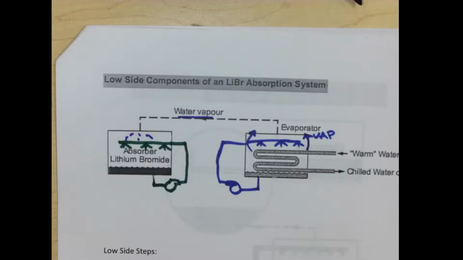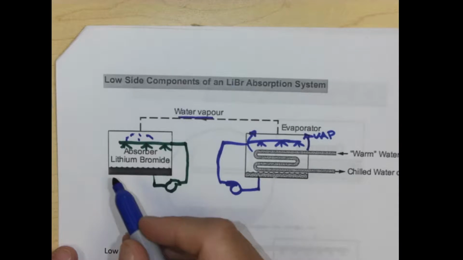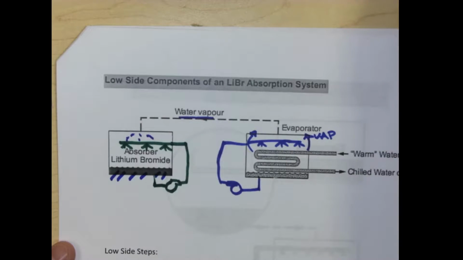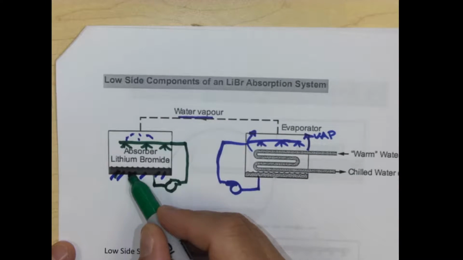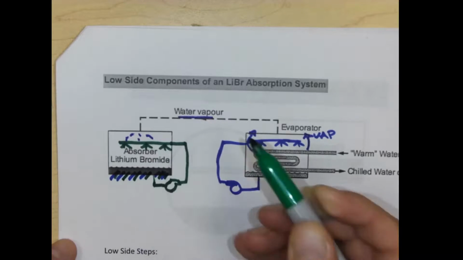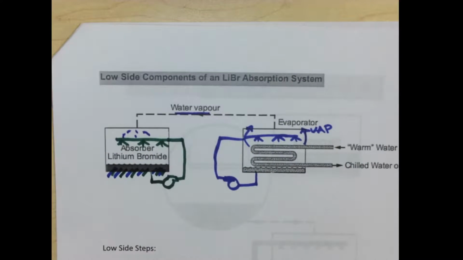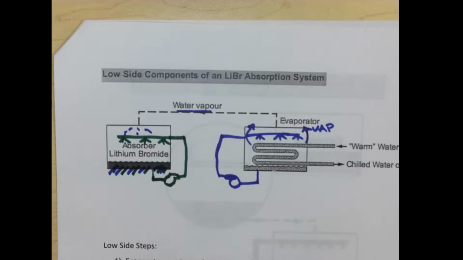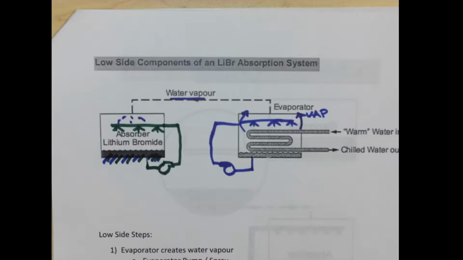In doing so, we should get a nice mix of water and this lithium bromide solution, so it absorbs some of the water that's coming in. That's how we trap the water that comes off of our evaporator, and we can contain it within that lithium bromide solution.